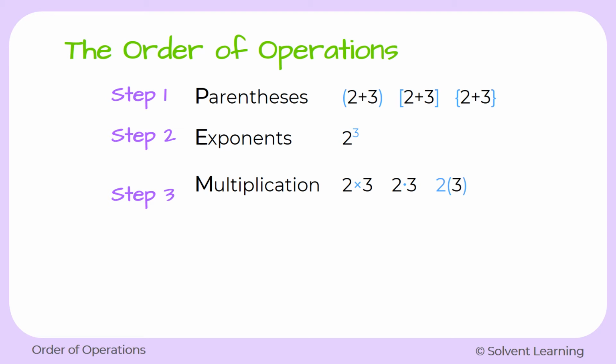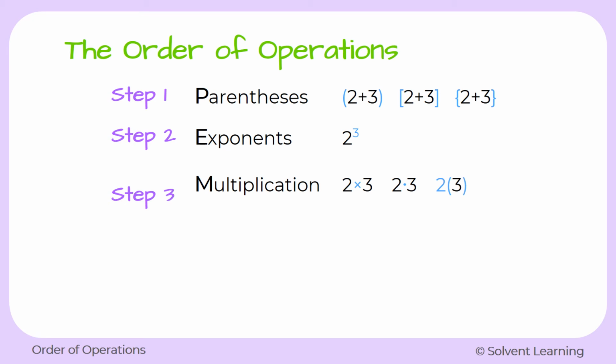Whenever you see a number written right next to parentheses, it means that number is going to be multiplied by whatever's inside the parentheses. So with this example, the 2 on the outside is going to get multiplied by the 3 on the inside.